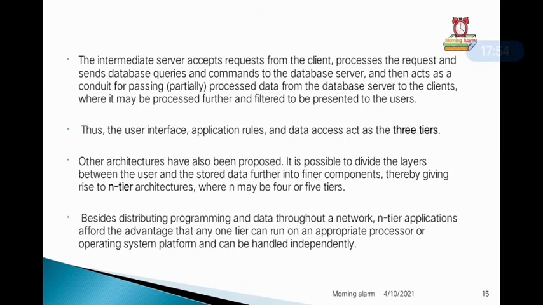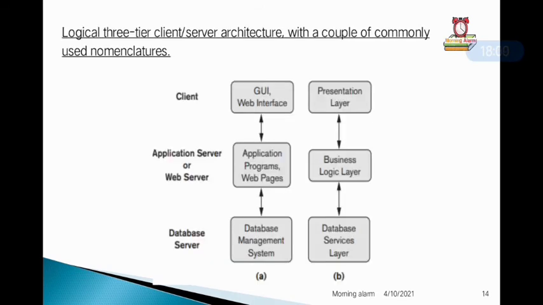So the basic function of this intermediate server is to accept requests from the client, as we discussed, check the client's request and then send it to the database server. From the database server, it gets the required functionalities and then presents them to the client.